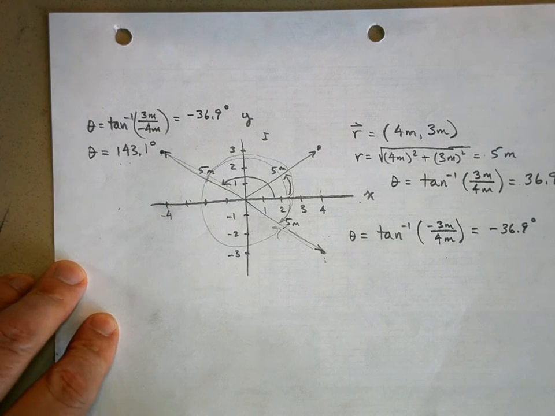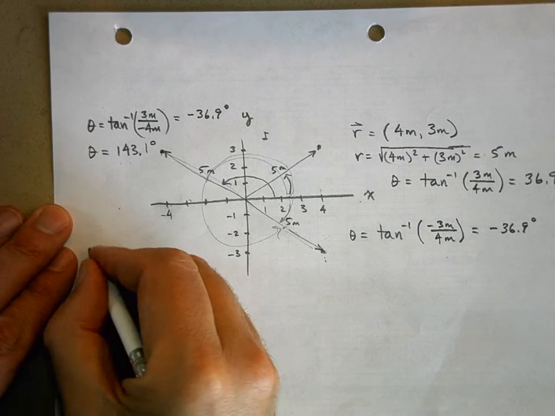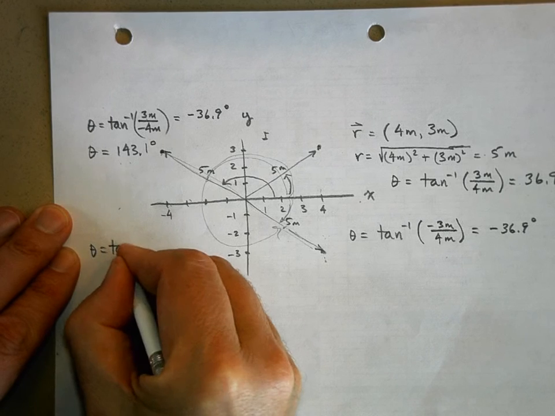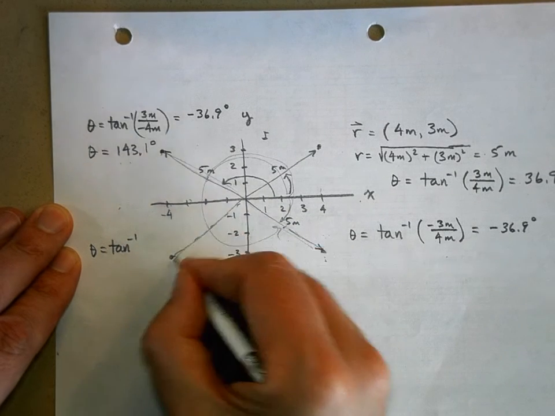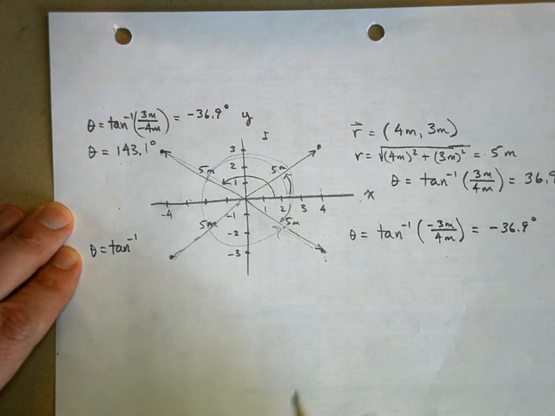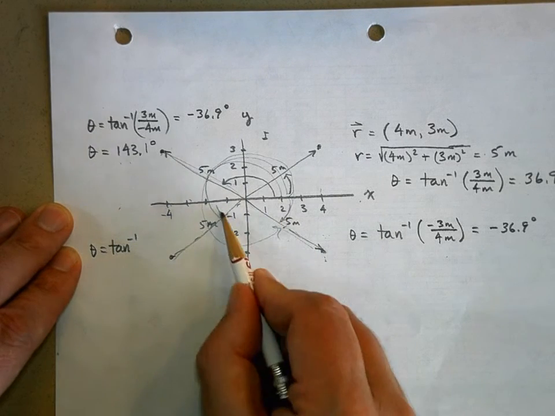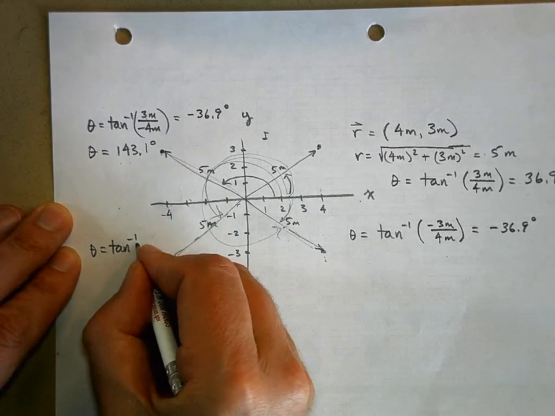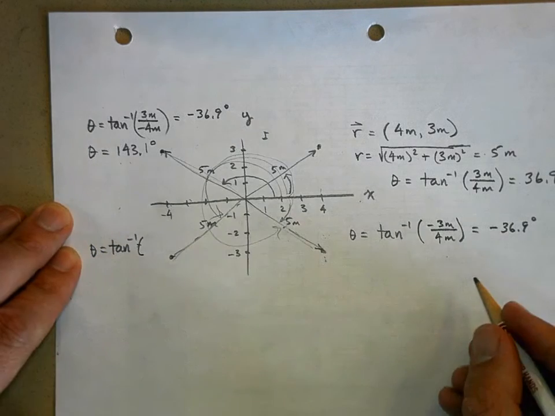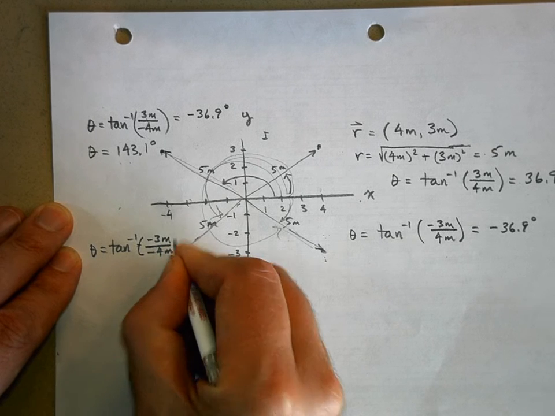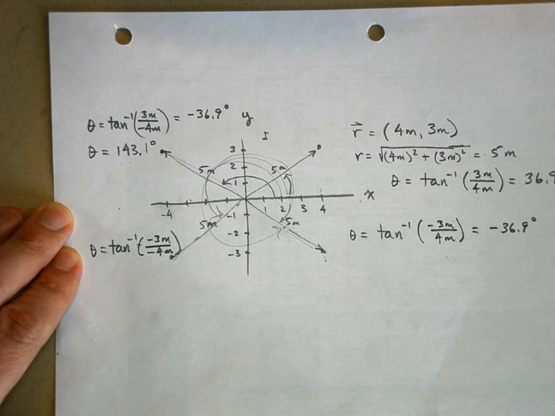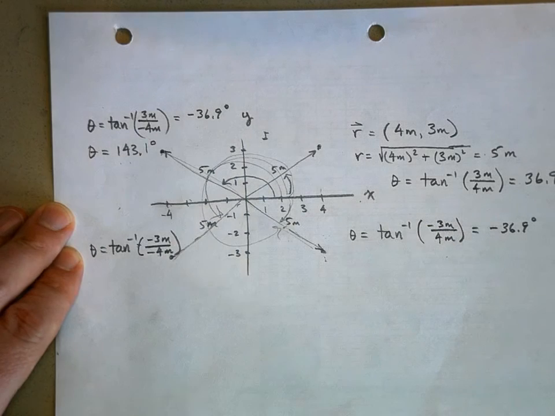Let's take a look at the third quadrant. Well, if you're down here, you're still 5 meters away from the origin. But what angle is this? Well, you're going to have the inverse tangent of negative 3 meters over negative 4 meters. Well, what's negative 3 divided by negative 4? It's positive 0.75. A negative divided by a negative is a positive.